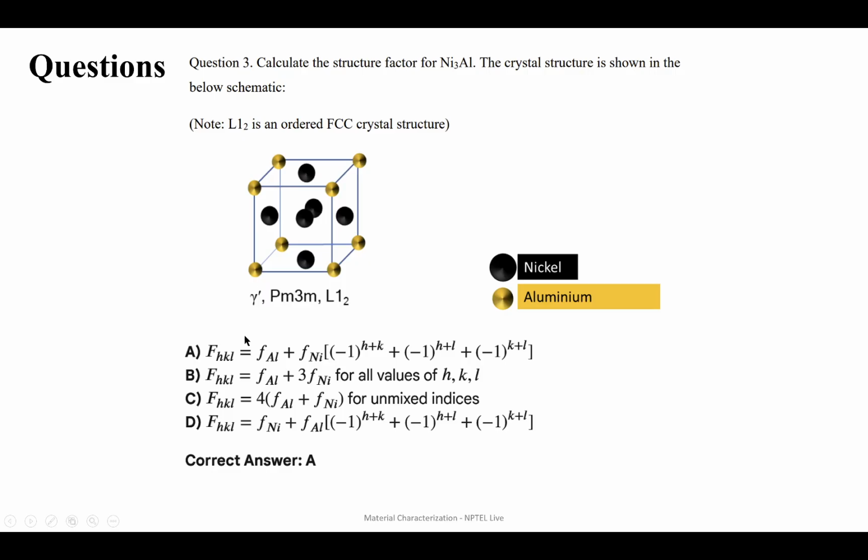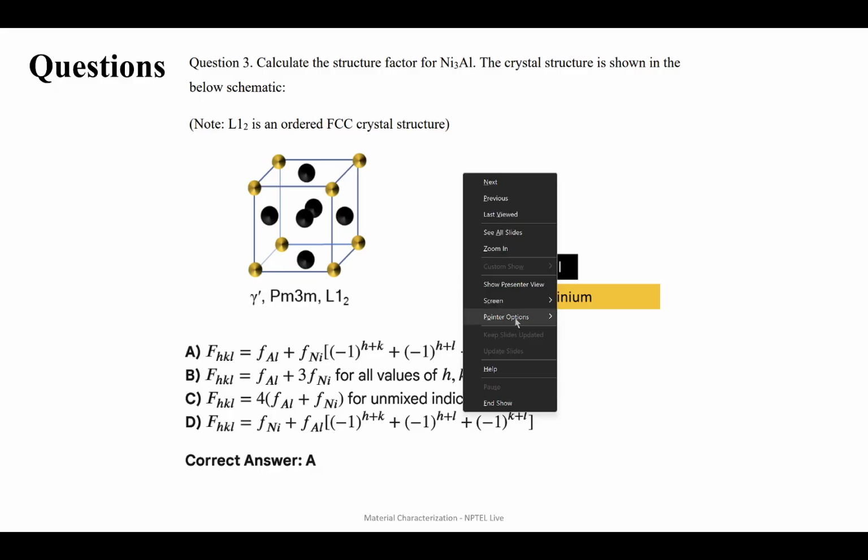So to calculate the structure factor, we use the formula. F_Al is the scattering factor for aluminium, and F_Ni is the scattering factor for nickel.